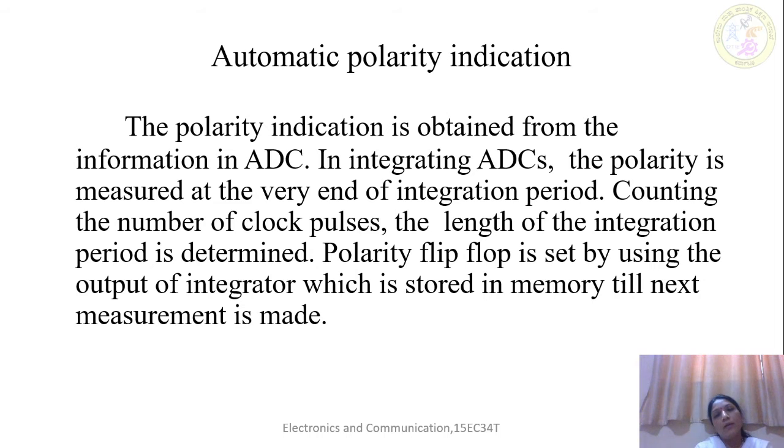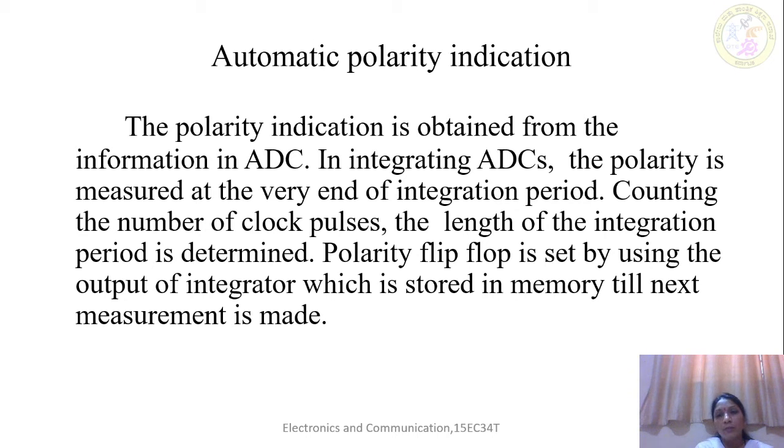Next is automatic polarity indication. The polarity indication is obtained from the information in the ADC. In an integrating ADC, the polarity is measured at the very end of the integration period. By counting the number of clock pulses, the length of the integration period is determined.